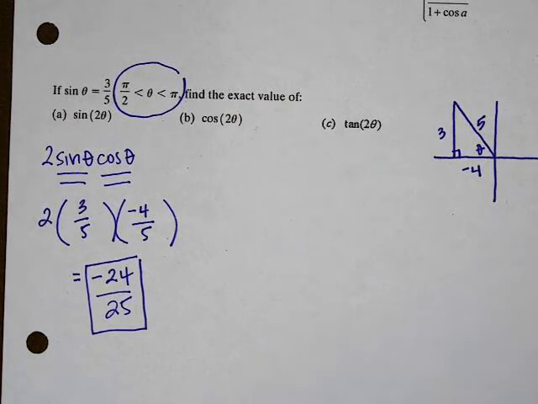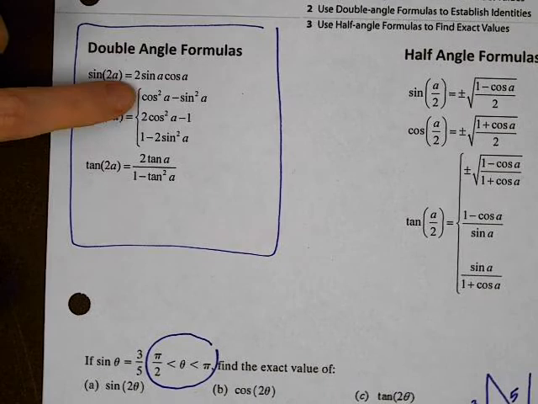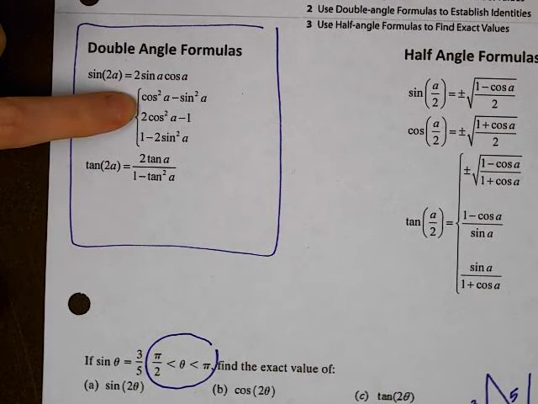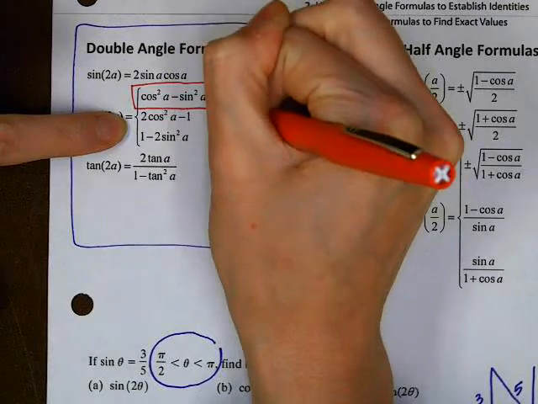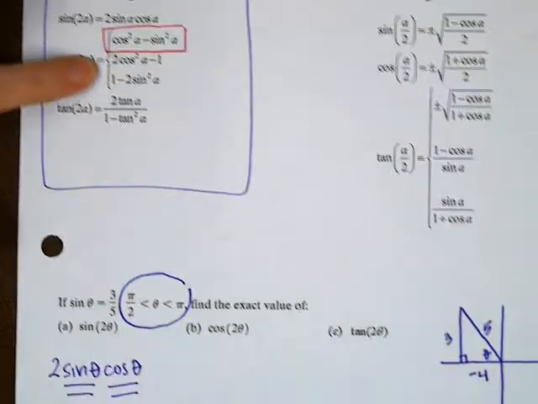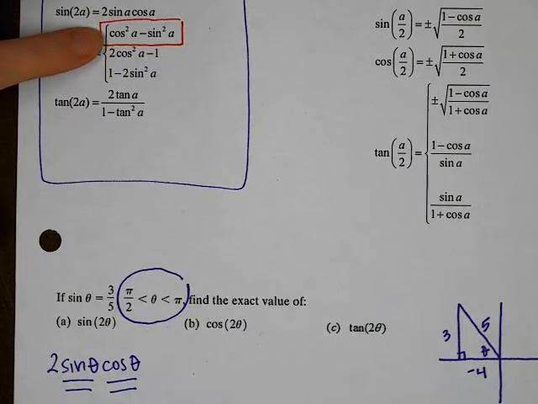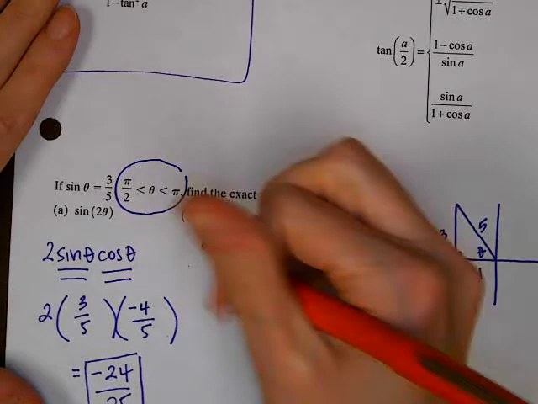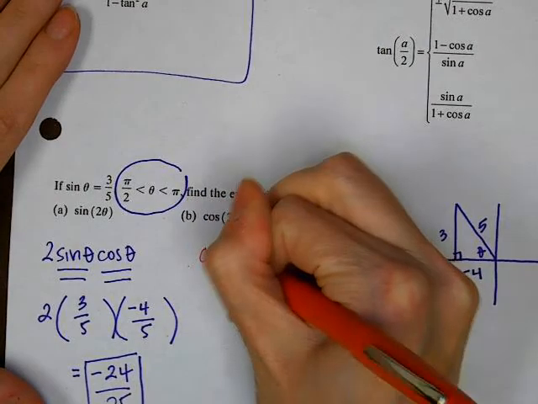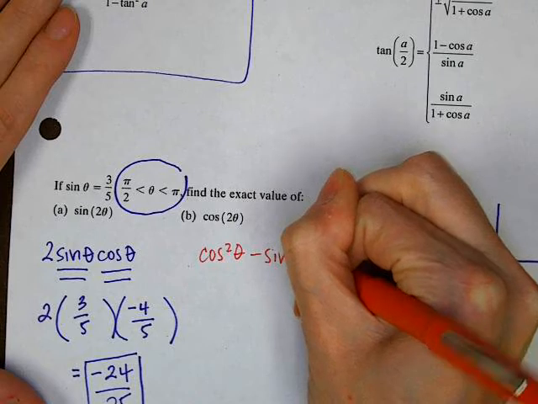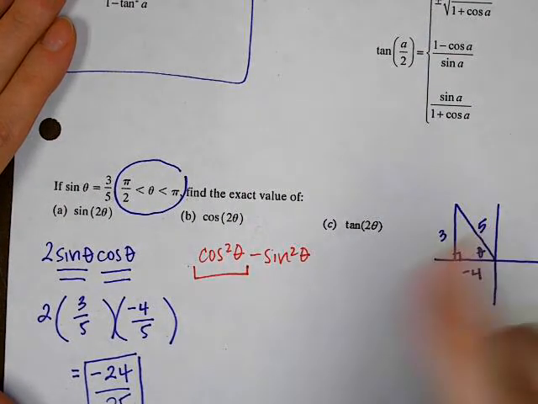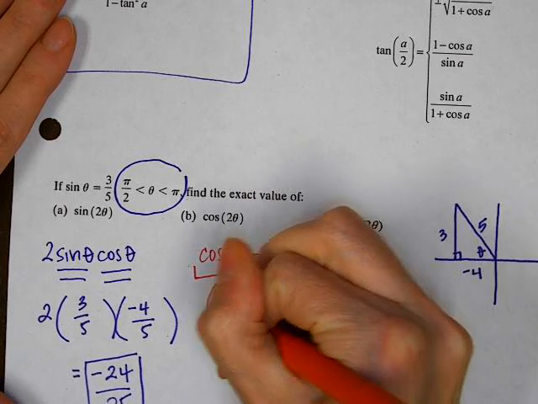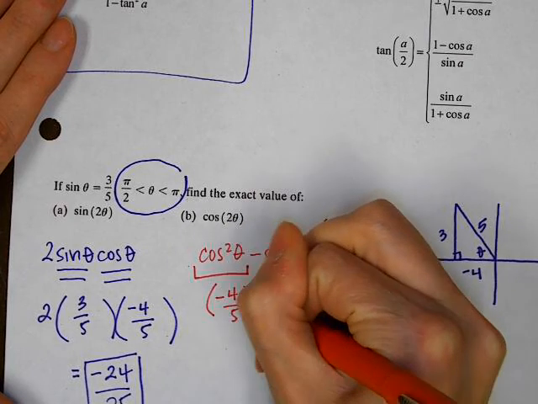Okay, B, cosine 2 theta. You have a choice of which one you want to use. I'm going to use this one just so we have a common denominator, but you guys can totally pick. So we have to do cosine squared theta minus sine squared theta. Well, cosine of theta we know is -4/5, and we want to square that.